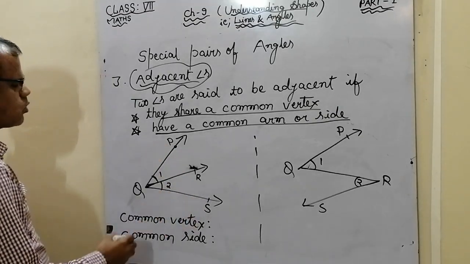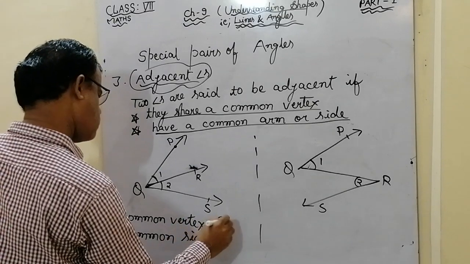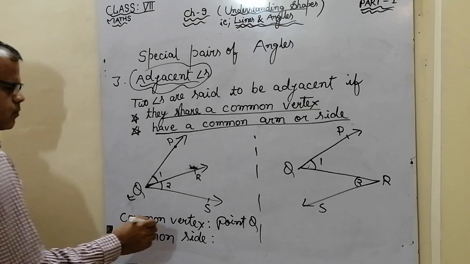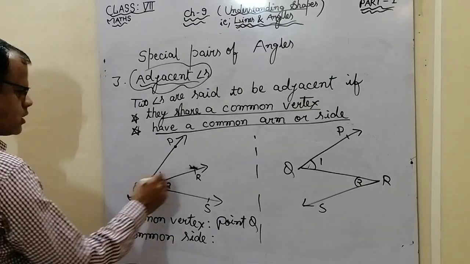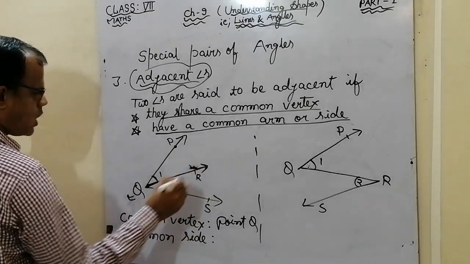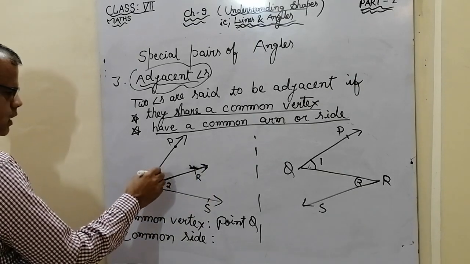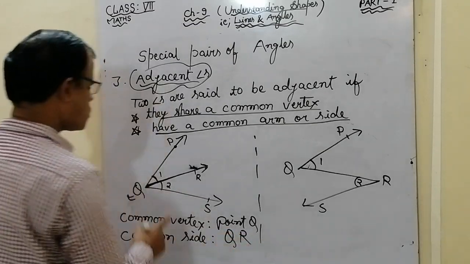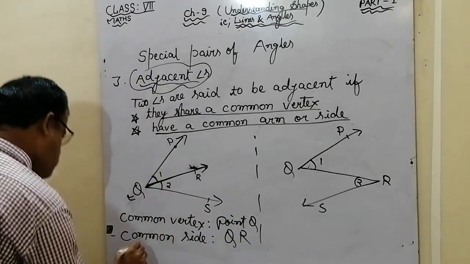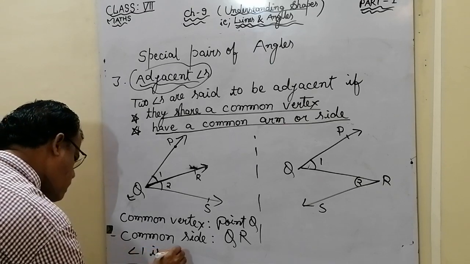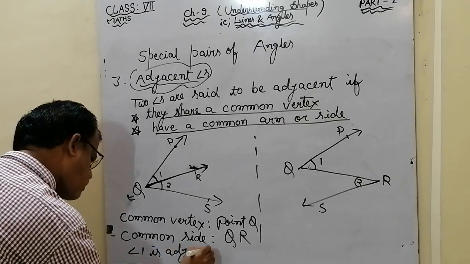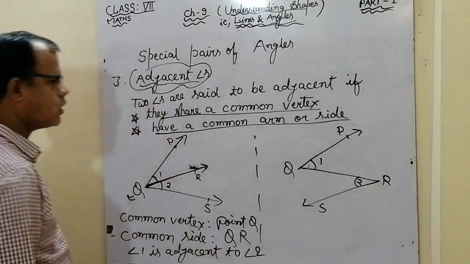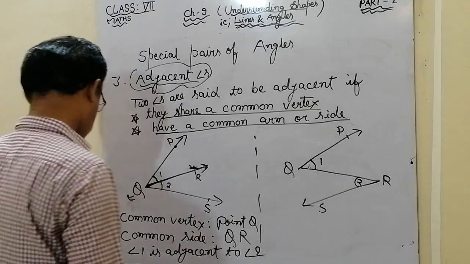In this figure, the common vertex is point Q. Here this is the common vertex, and the common side is QR, which is in both angle 1 and angle 2. So we can say that angle 1 is adjacent to angle 2.